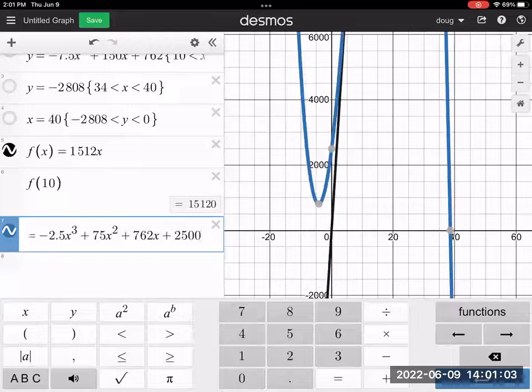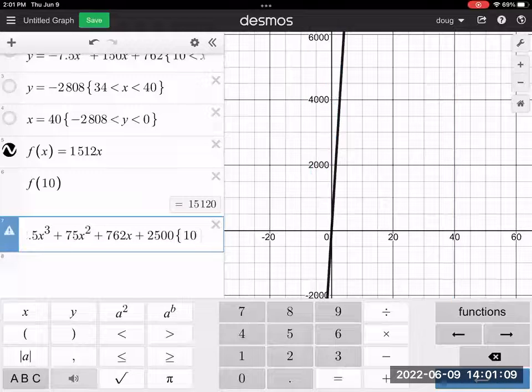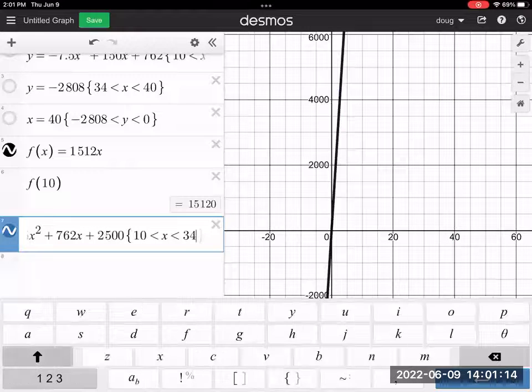And while we're here, since I forgot it a second ago, that was from 10 to 34, right? So 10 less than x less than 34, close that off.